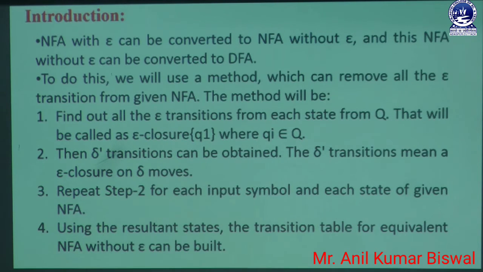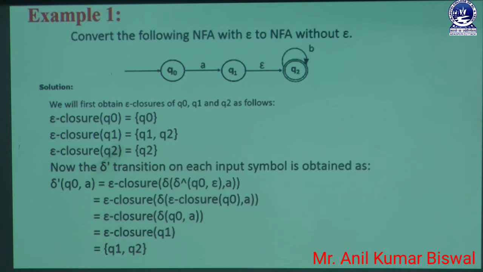If a user wants to describe this concept through an example, which is present in this slide, we can focus on it. In this slide we are converting the following NFA with epsilon, meaning an empty transition, to an NFA without epsilon. That means we have a diagram, and that diagram is an NFA with epsilon because it contains the epsilon symbol. So we need to remove that epsilon symbol from this diagram.